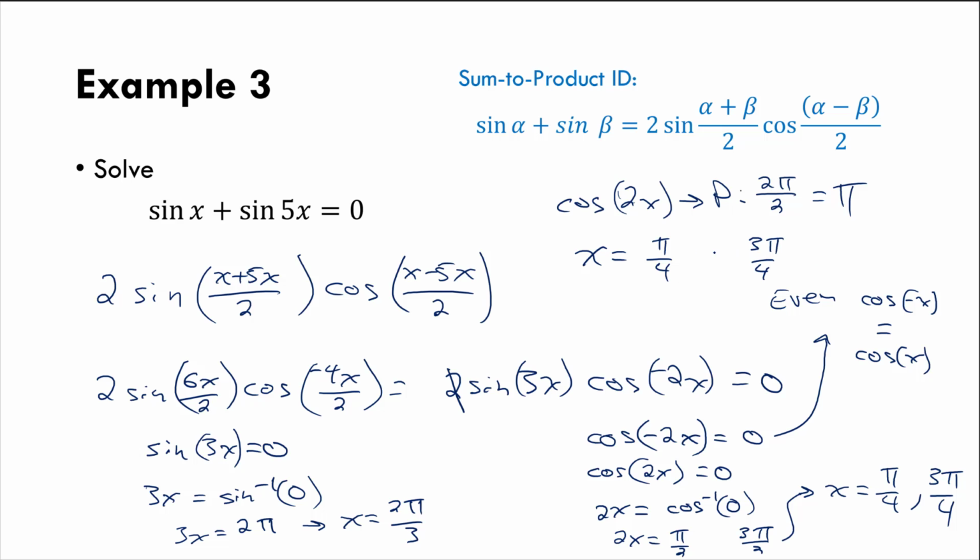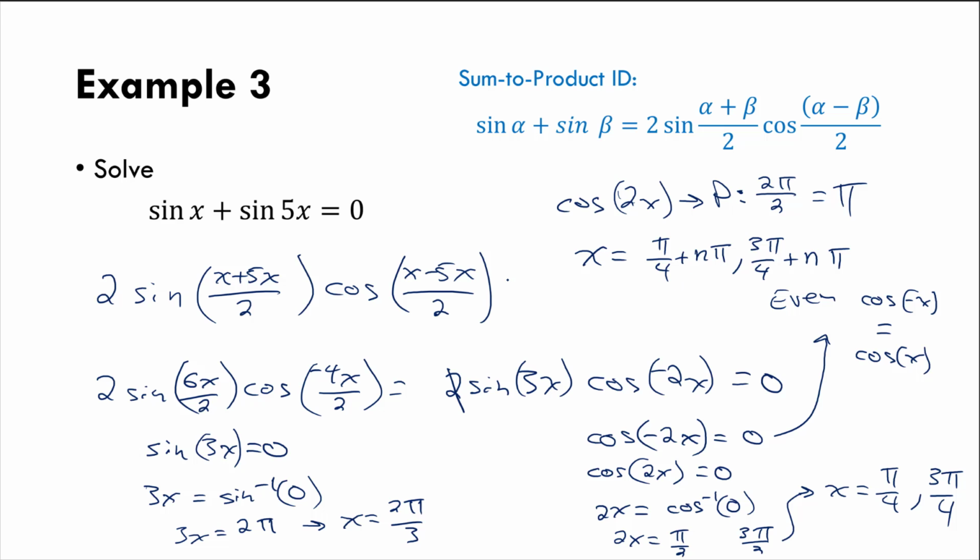But anytime I add n pi to both of these, because of our period, it's going to fit the solution here. So that's for cosine.